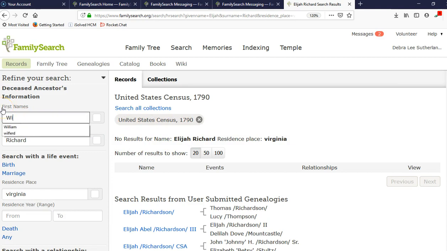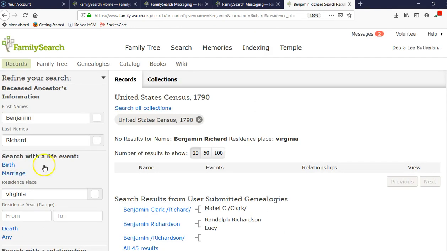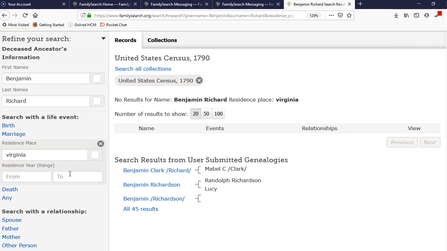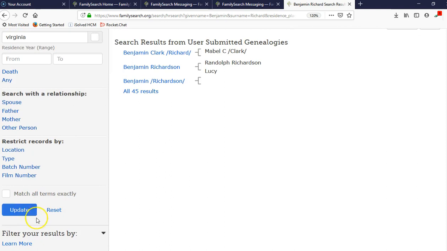Sorry about that. So let's go by Benjamin, who I believe is his father, and look for him in 1790. And it's saying in 1790 they don't have a Benjamin either. Okay, well, we'll go with William because I know there's a William. I'm pretty positive. In 1790.